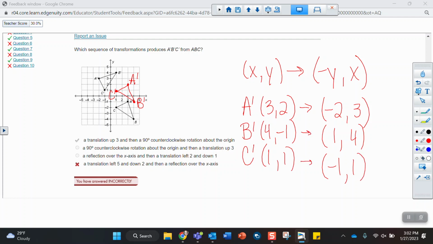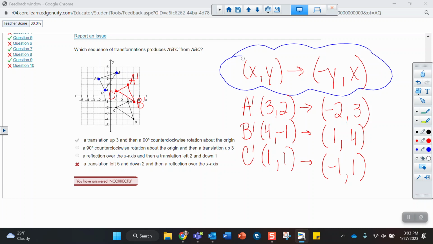So now I'm just going to verify. -2, 3, there's A prime. 1, 4, there's B prime, and -1, 1, there's C prime. I would hope the lesson would share this information with you about transformations and what actually happens to the ordered pairs.